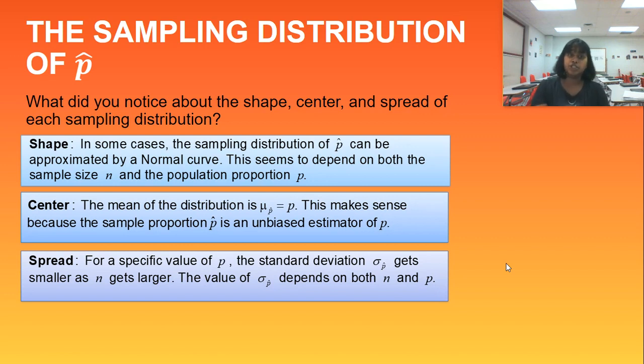What do you notice about the shape when we're talking about sampling distributions? In a lot of cases, your sampling distribution of p hat will be approximately normal. We saw that, roughly symmetrical, about bell-shaped. This seems to depend on the sample size, so the larger your sample size, the more normal your curve might become, and on the population proportion p.